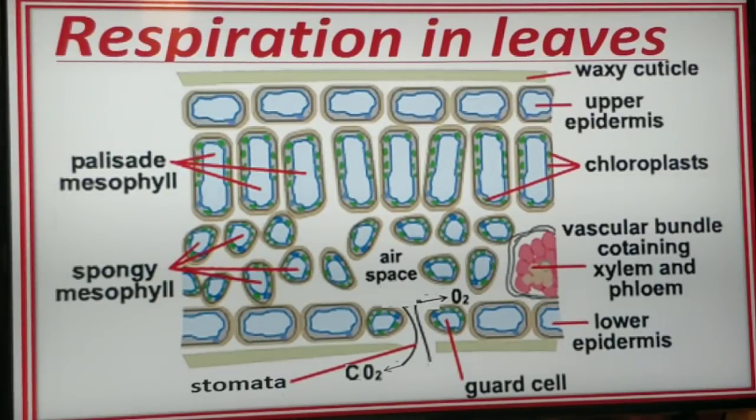The fresh air fills the air cavities and provides oxygen to the surrounding cells. Oxygen gas diffuses into the cells and carbon dioxide gas diffuses out of the air cavities and moves out into the atmosphere.